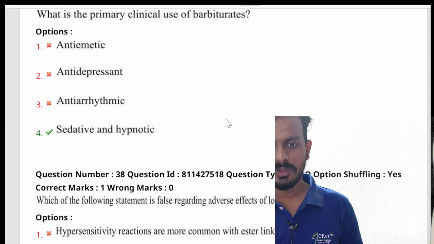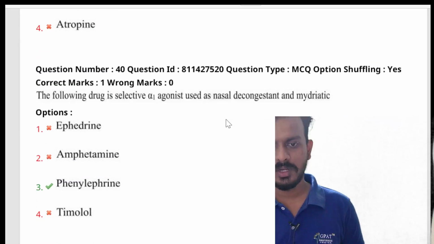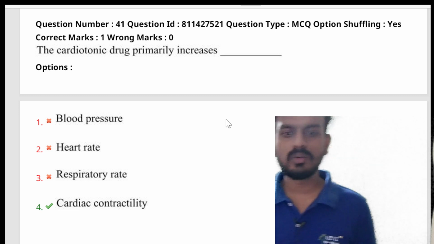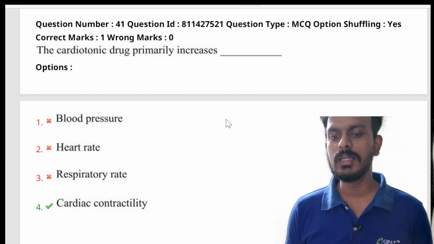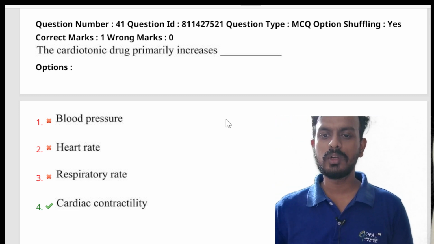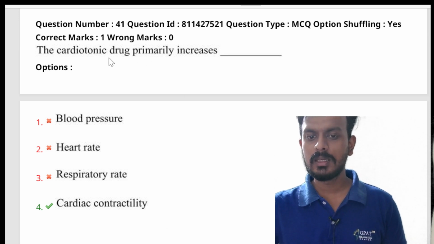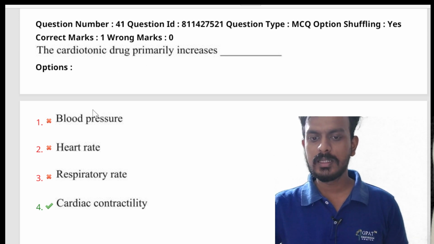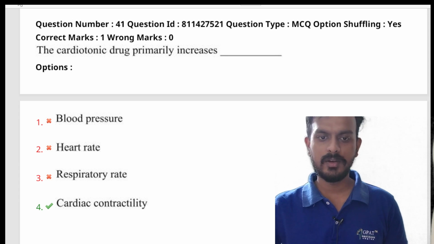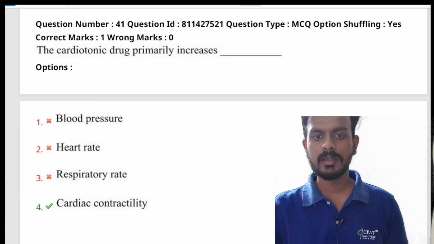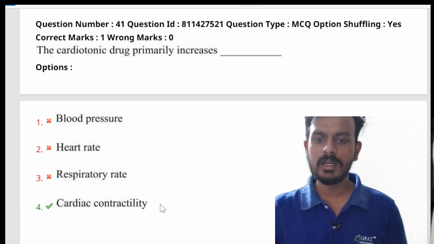So let's come to question number 41. The question is: the cardiotonic drug that primarily increases what? Options include blood pressure, heart rate, respiratory rate, cardiac rate.